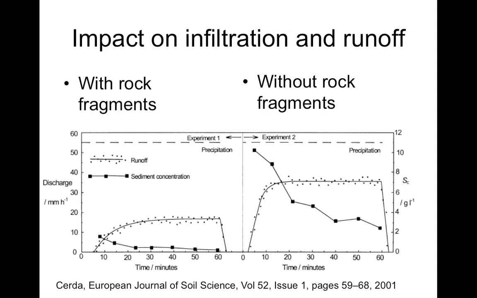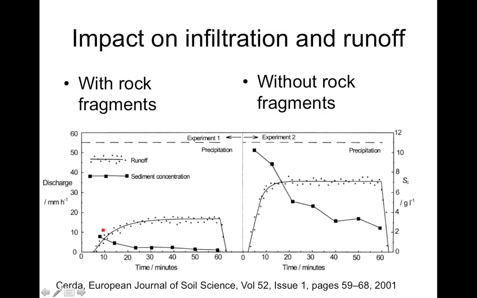And here's an experiment that describes just that. Artemi Cerda and his colleagues from Spain did a bunch of experiments with rock fragments on little experimental plots. Experiment 1, experiment 2. They had a certain precipitation rate up near 55 mils an hour. And what we have here is the runoff rate in these little dash points and the sediment concentration during the experiments.